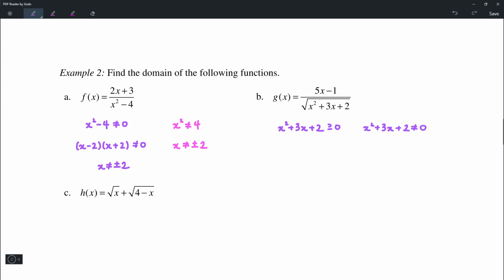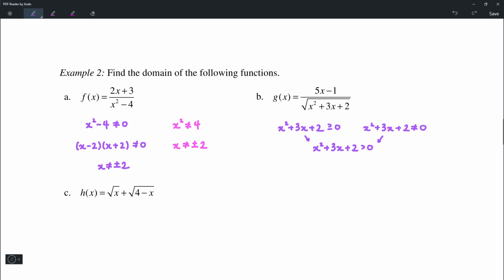So we can actually combine these two restrictions into just x squared plus 3x plus 2 must be greater than 0. So that's the combination of these two restrictions.